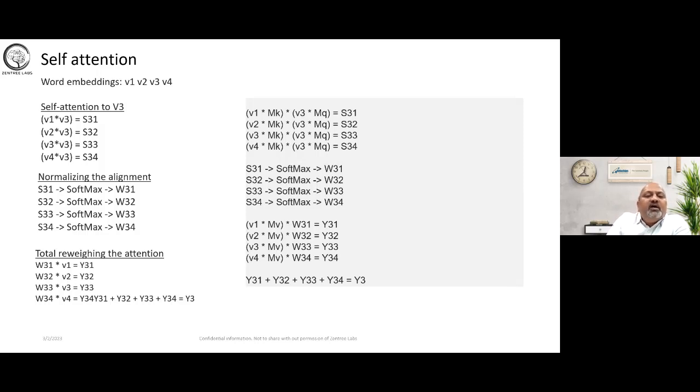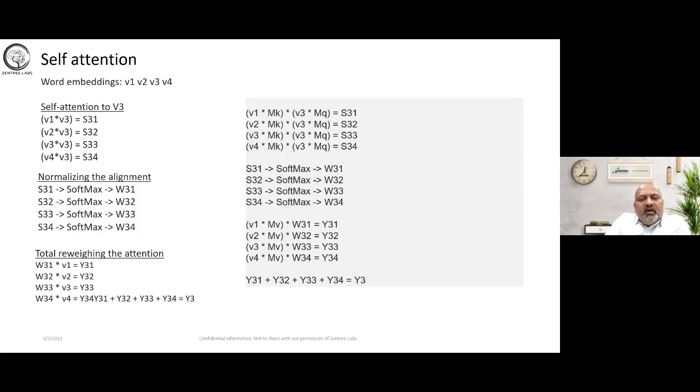Now MK will be a matrix of dimensions 50 cross 50. Similarly, MQ is of dimensions 50 cross 50. Now V1 is multiplied with MK and V3 is multiplied with MQ, and finally you are computing how much of V3 is in alignment with V1, after applying these learnable parameters.